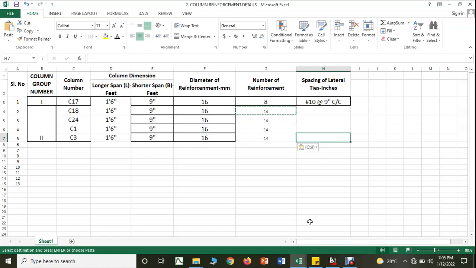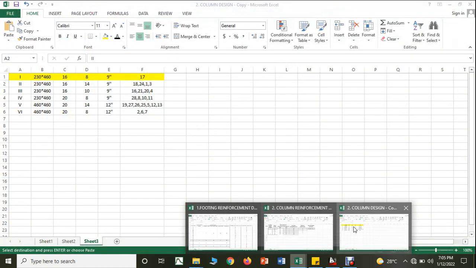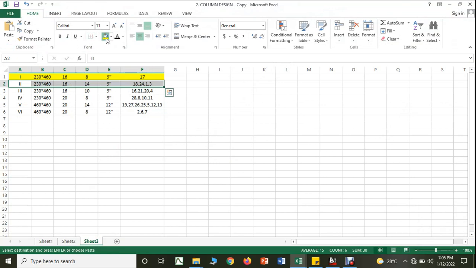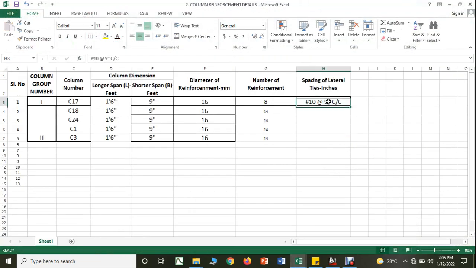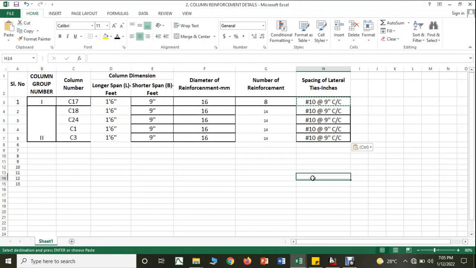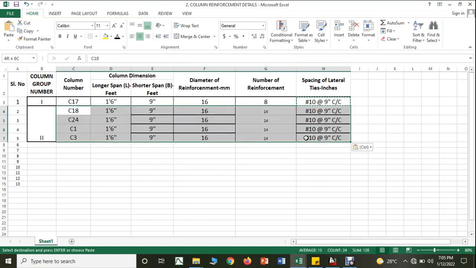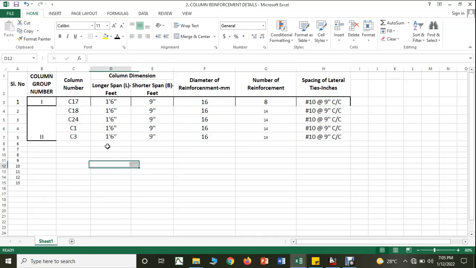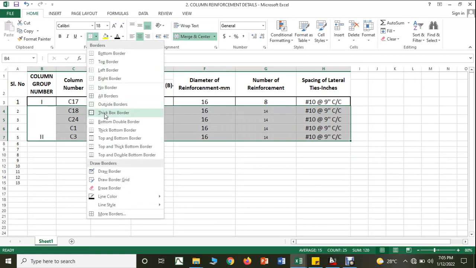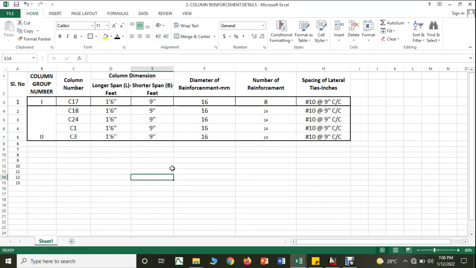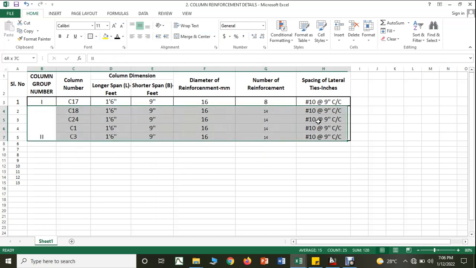It is 10 mm at 9 inch center to center. So therefore I can make this the second group.